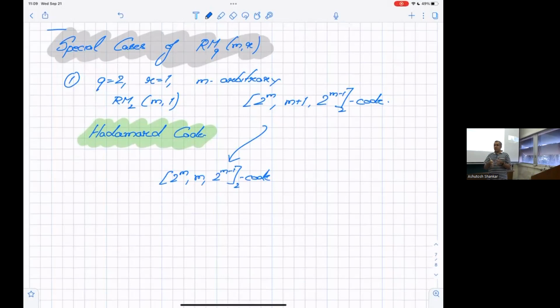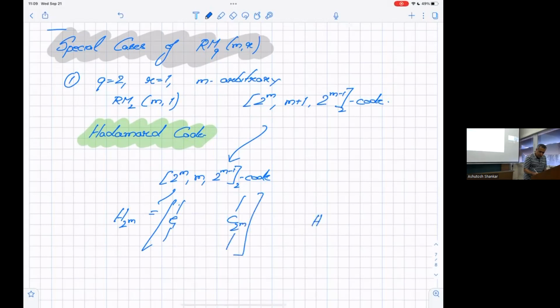So if I consider this matrix H of 2 power m, all the code words stacked up, what do we get? That H transpose H is not I, it's 2 power m times I.